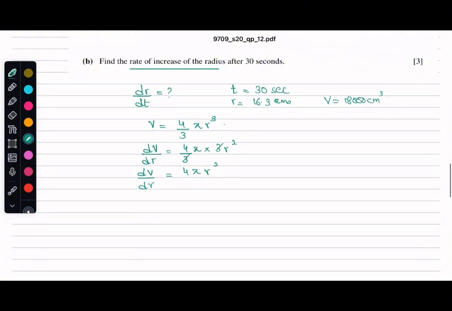We can get this surface area when our radius is 16.3, and this shall be equal to 4 pi times 16.3 the whole square.